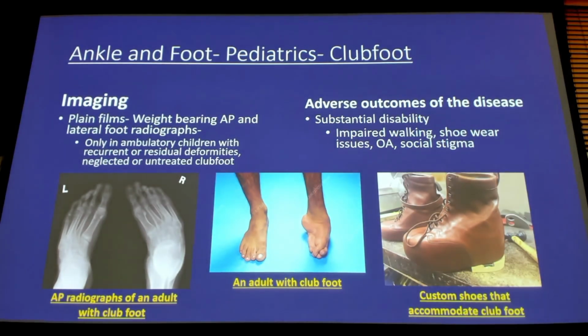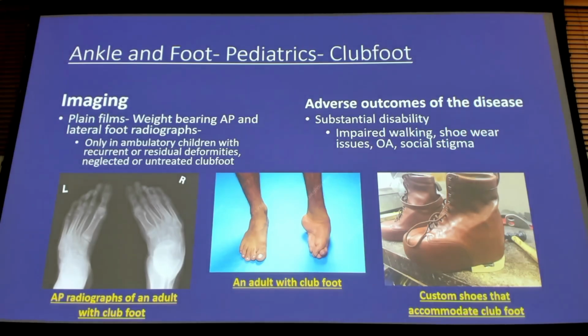In most cases, plain films can be useful, but for very, very young patients, I think the utility is in the physical exam and your clinical assessment. However, if the patient is out and about and ambulating, then by all means get some plain films. You can get plain films that will help you see the orientation of the foot, but your clinical diagnosis is absolutely essential in this case.